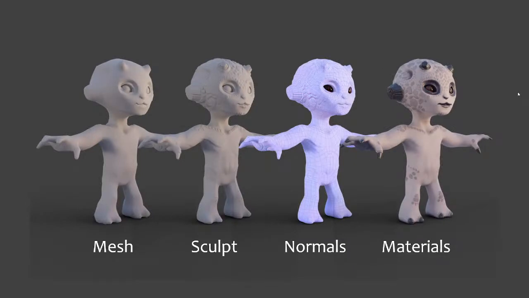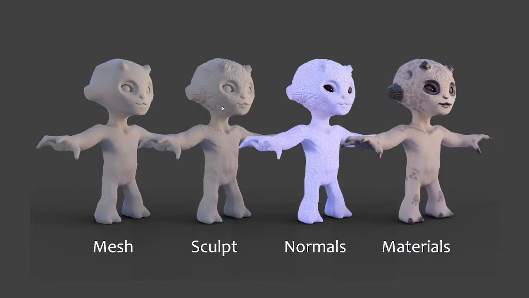But anyways, here I've got just a quick overview look at some of the creation of your characters. You're going to start off with a basic mesh, then you're going to get some more detail in sculpt of it, but you don't want to animate with this because there aren't many computers that can have that much going on all at once.